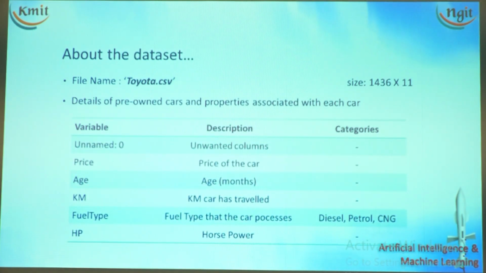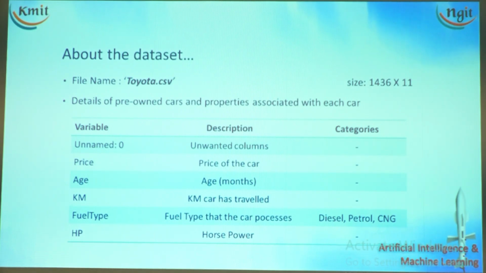Now, what are the variables? See here, these names: variables, attributes, features, columns, they are all interchangeable now. So what are the various columns of my data set, as a layman?